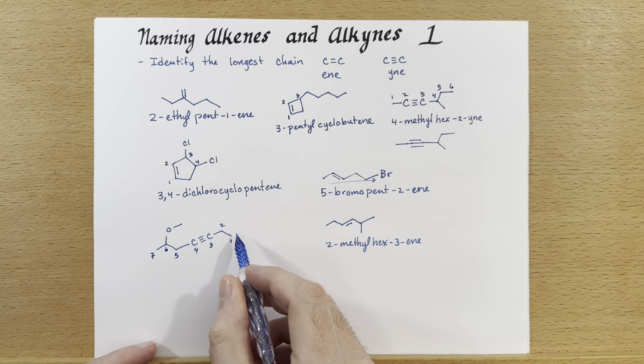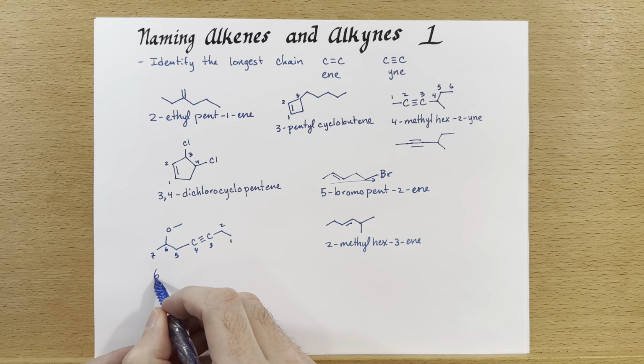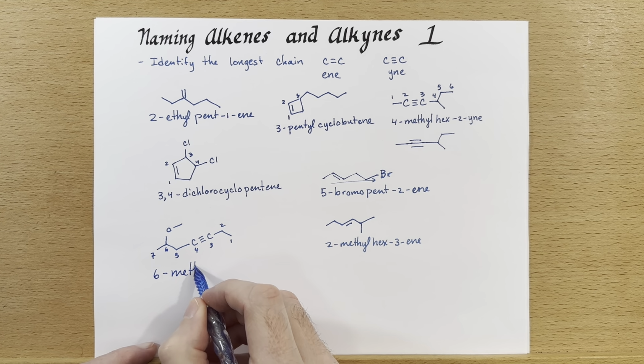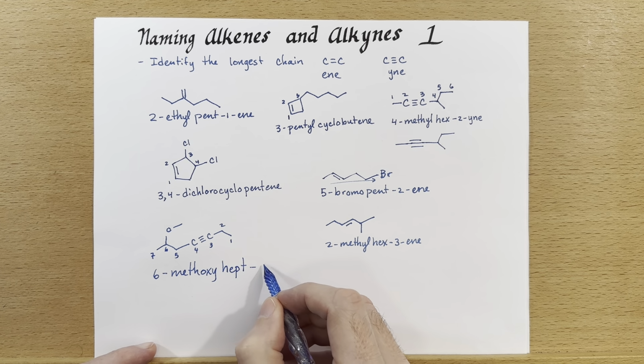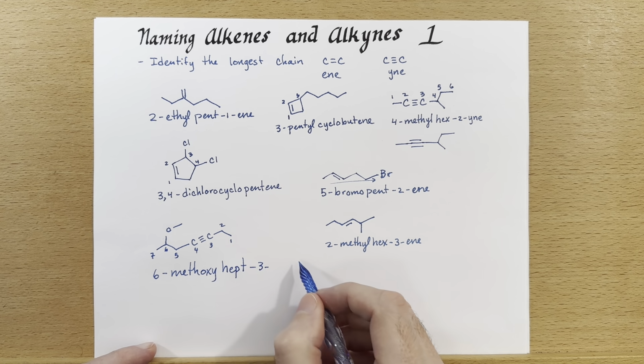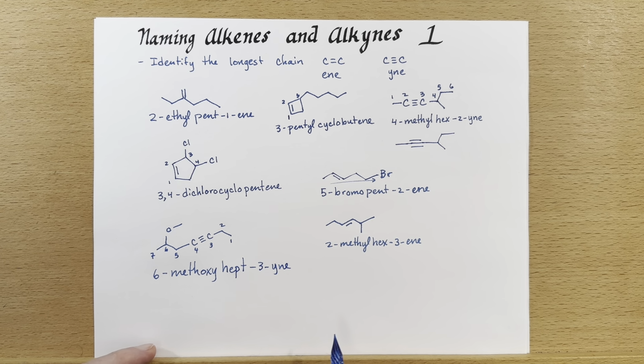So this is a heptyne, and the methoxy is on the 6th carbon. So 6-methoxyhept, and then on the 3rd carbon is the alkyne, hept-3-yne. So that's the basics about naming alkenes and alkynes, assuming there's one of them on the molecule at a time.